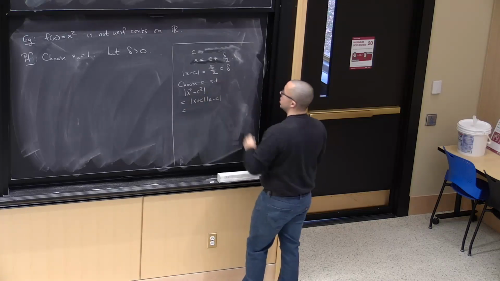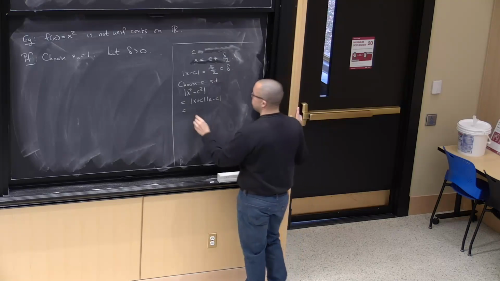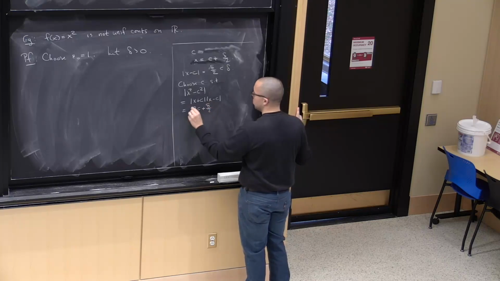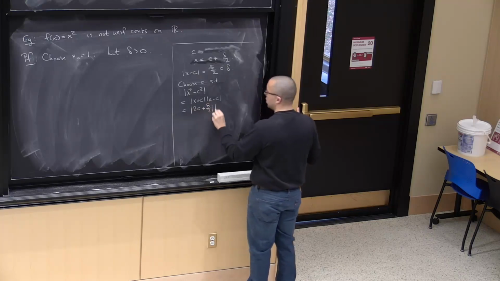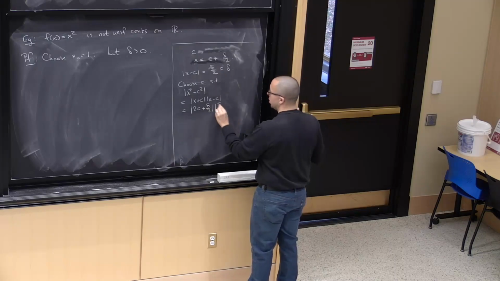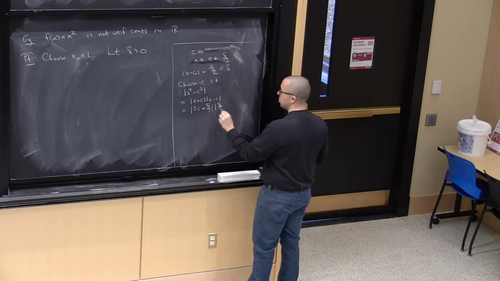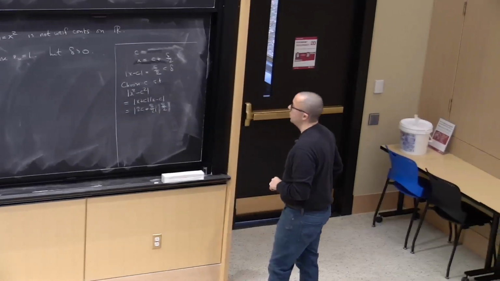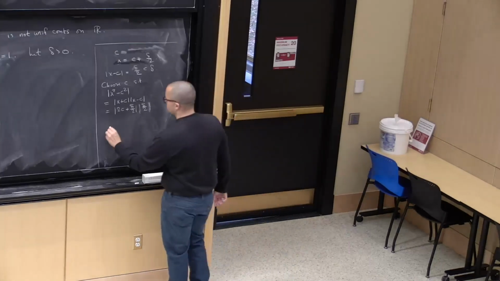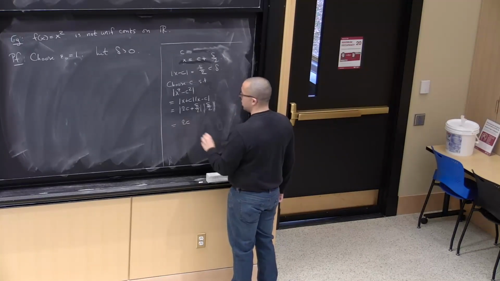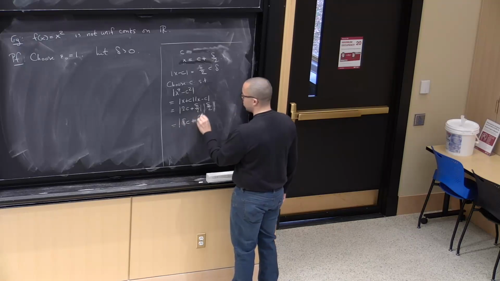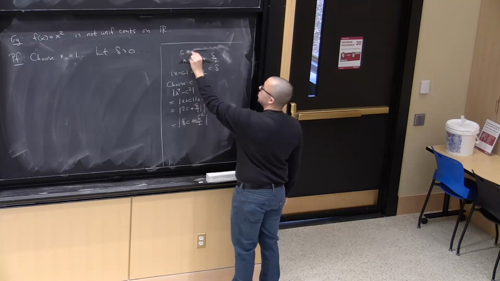Now x plus c will be 2c plus delta over 2. x minus c will be delta over 2. So far all of these things are equalities. And we get this is equal to 2c plus delta squared over 2. And here we're going to choose c positive, all right?